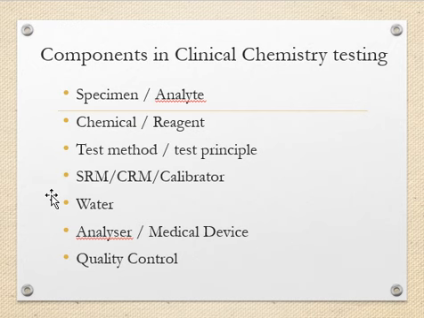Of course, we need SRM or CRM and calibrator. We need the water as a medium, pure water. We need an analyzer or medical device to do the testing automatically. And lastly, last but not least, we need quality control.